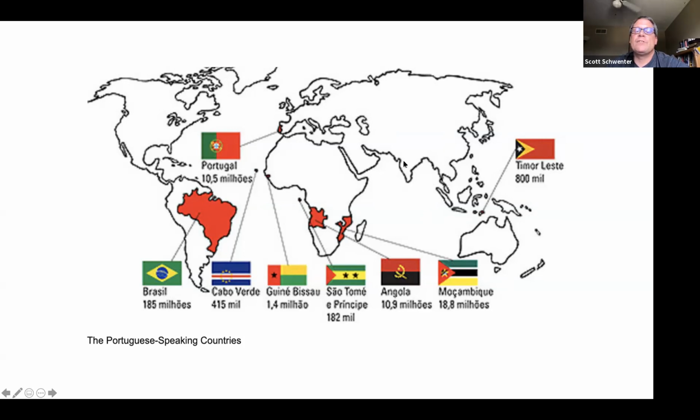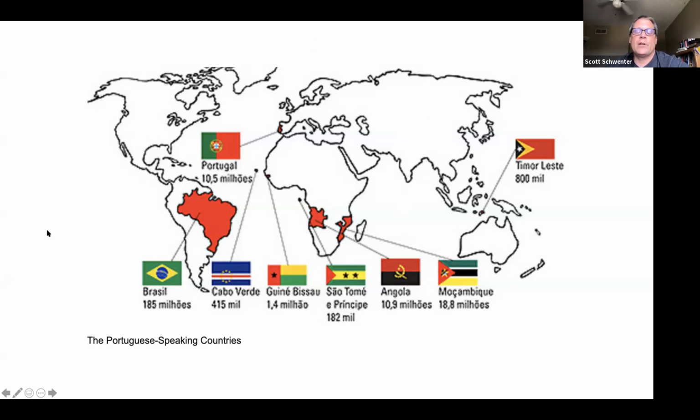There are also regions, so the region right here in India, that's called Goa, where they traditionally spoke Portuguese. There's still street signs in Portuguese. From what I've heard, not that many people speak Portuguese fluently there anymore. But there are still vestiges of Portuguese there, and they have a lot of Portuguese customs from when Portuguese speakers were there.